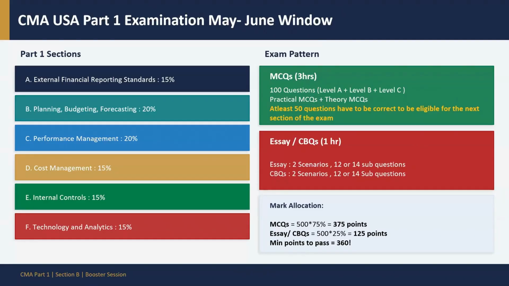Then comes level C questions. So level C questions are proper application questions. You need to understand the scenario that is being given and provide the best answer for that scenario. So here you will have to involve all your logical skills and the subject knowledge that you have gained in the CMA syllabus. So here, when it comes to marks allocation, we don't know exactly how many marks does each of our MCQs contain.